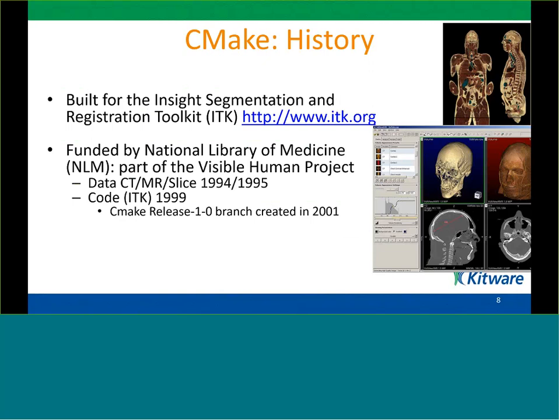It was a CT, MR, and then they actually took the bodies and froze them and sliced them and took pictures at each slice. So they created this really interesting data set where you had ground truth data on CT and MR scans. But then they came up with the revolutionary idea, I think, that to make science move forward, you had to take the code that worked with that type of data and actually implement it and make it open source.